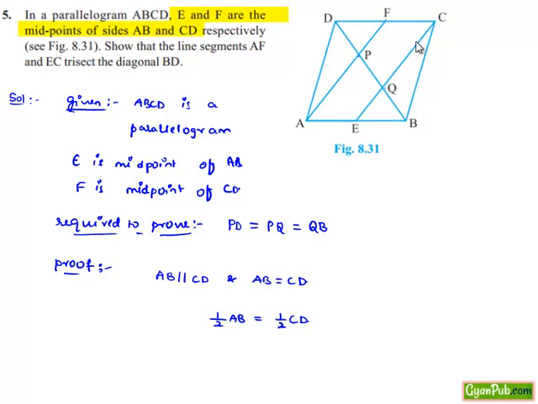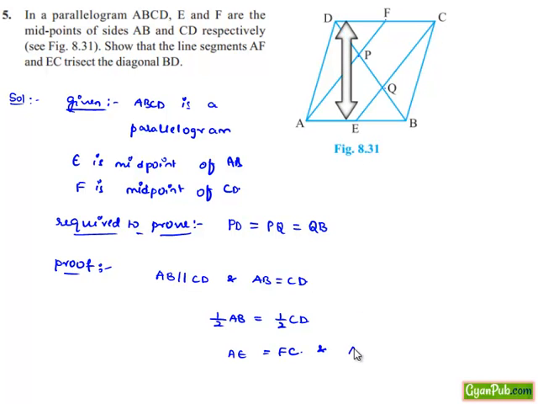So we can say half CD is nothing but FC, and as E is midpoint of AB given, we can say AE is equal to FC. As AE is equal to FC and we know that AB is parallel to CD, the part of AB and part of CD also will be parallel.